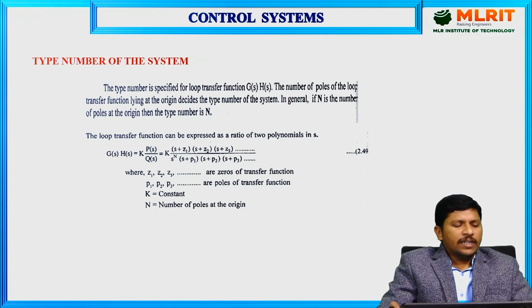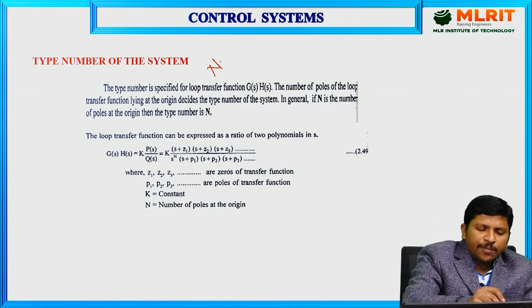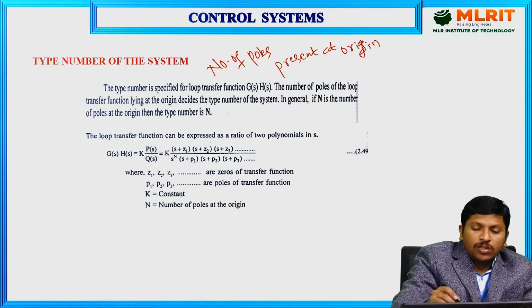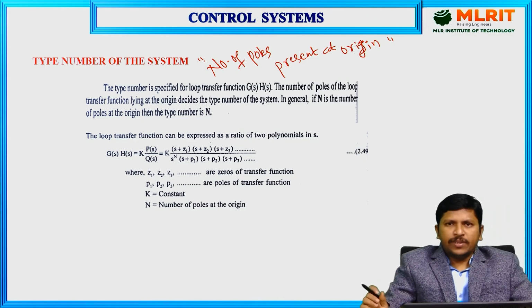Generally, the type number of the system is nothing but the number of poles present at the origin. Simply we say that the number of poles present at the origin is known as the type number of the system.